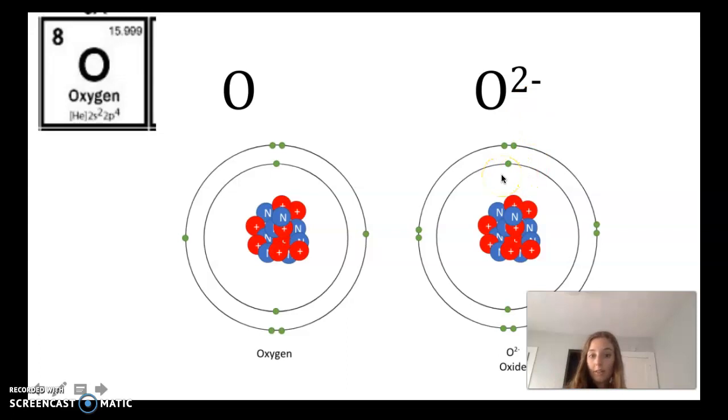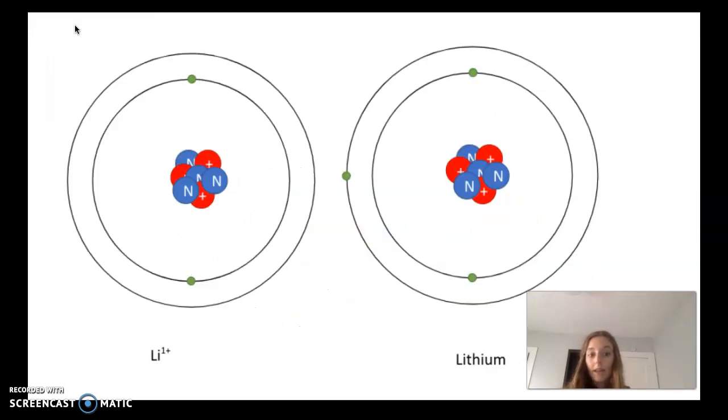So then notice this one has 2 extra electrons. So instead of 8 electrons, I now have 10 electrons. So I still follow the same exact steps, but then I have to add or subtract electrons to show my ion, or my charged atom. Very similarly, if you have a positive charge, these are flipped, but I should draw the regular atom first.